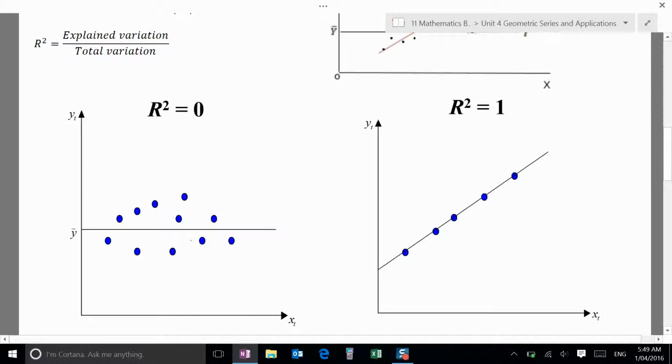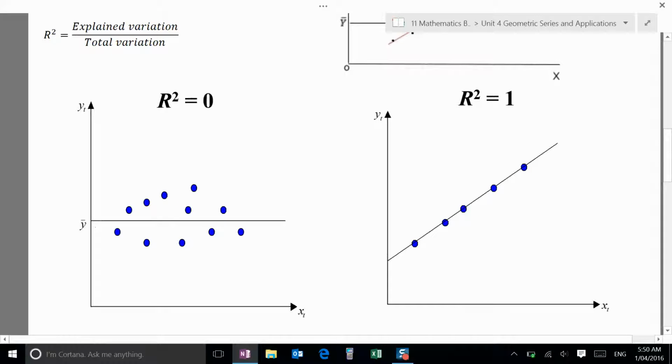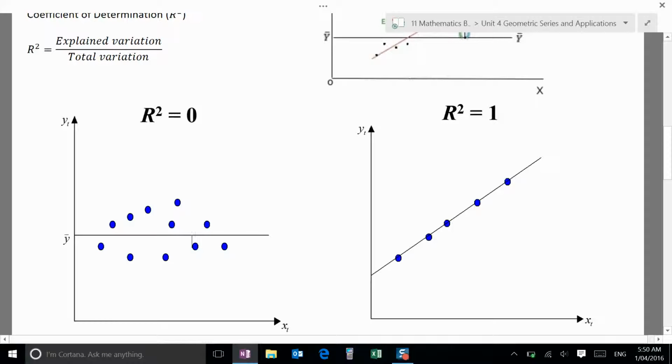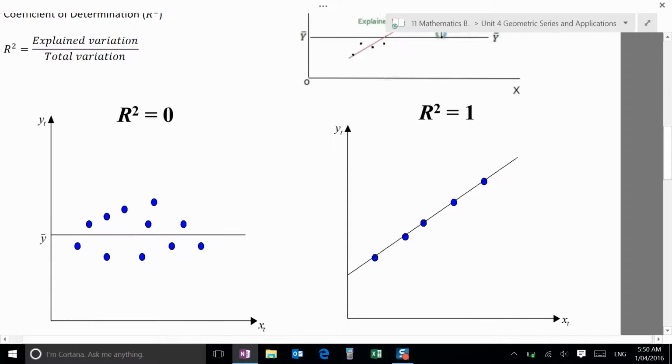In this case, our model just finds the average and doesn't try to explain any of this variation, away from the mean value, which might be the average weight of the class. We've got people heavier, people lighter. It varies heaps. This model doesn't explain any of that variation at all. It just says, find the average, put a line through it. This R-squared value would be 0, because it doesn't explain any of the variation.